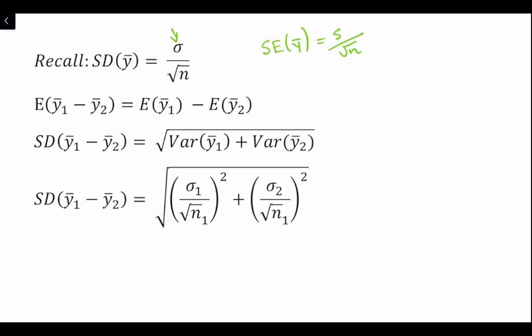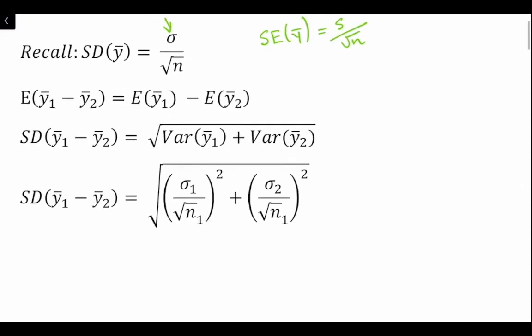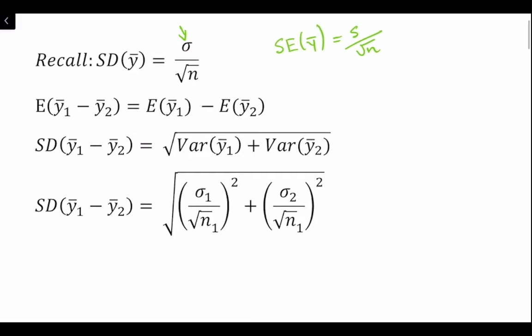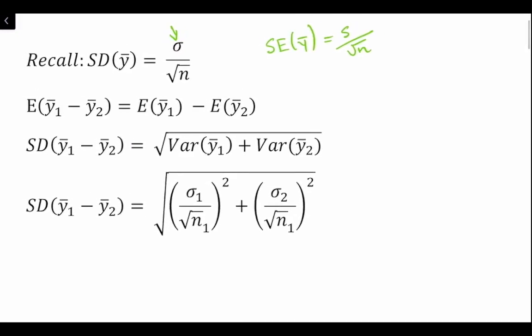Now, when we're comparing the means of two samples, we'll have two different samples. We'll have the mean y bar 1 for sample 1 and the mean y bar 2 for sample 2. As we've done before, when we looked at adding and subtracting random variables from each other, we know that the expected value of x plus or minus y is equal to the expected value of x plus or minus the expected value of y.